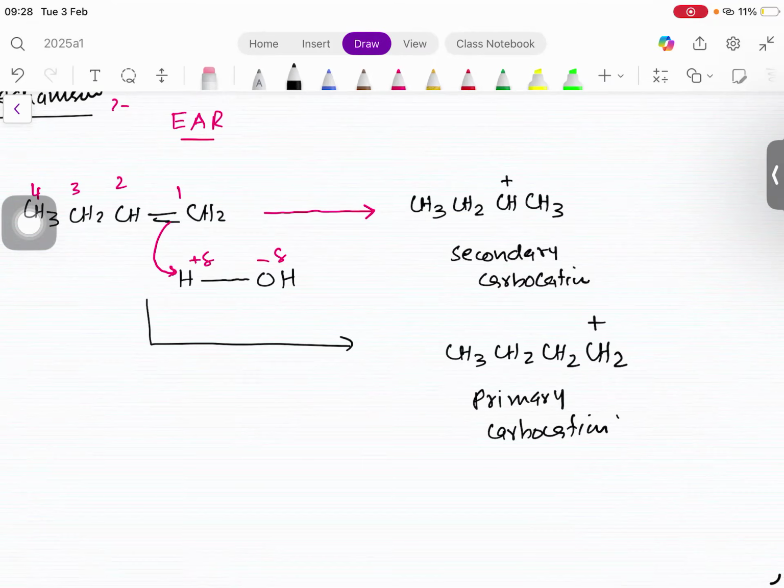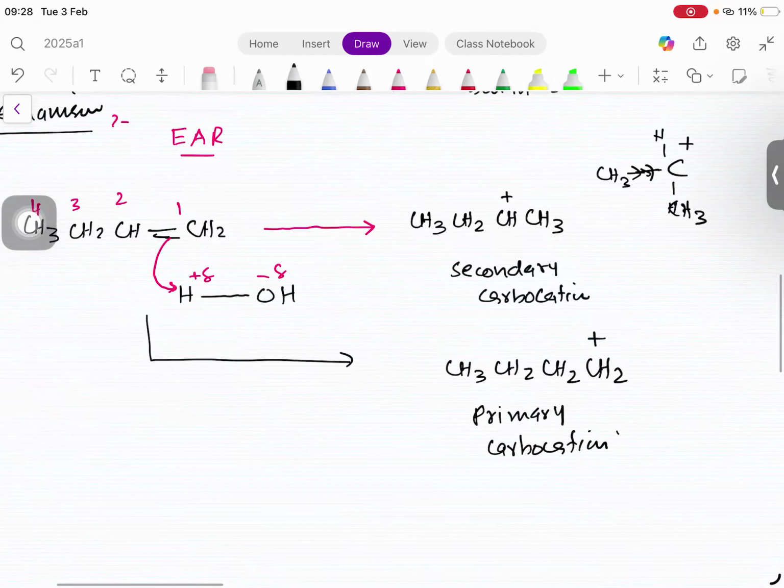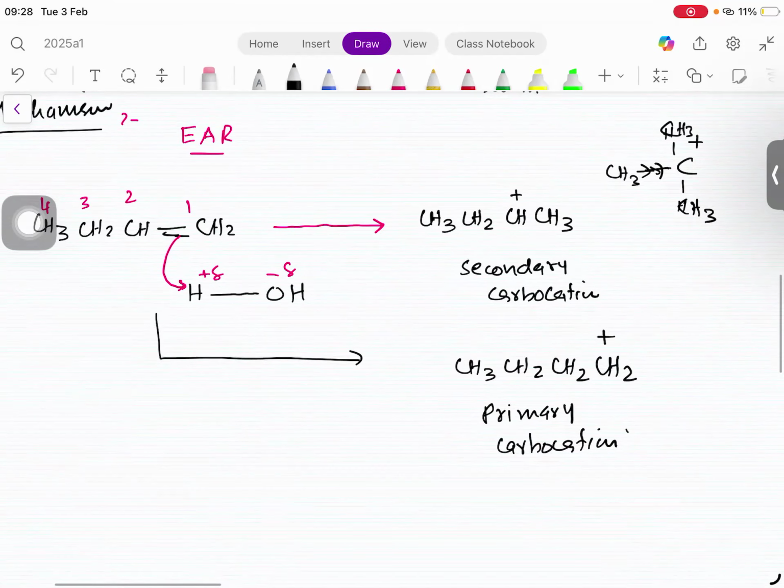This is what we learned in the previous part. If the carbon has 2 hydrogens and 1 alkyl group, 1 carbon, we call it primary. If it has two carbons, it's secondary. And if it has three carbons attached, it's tertiary.